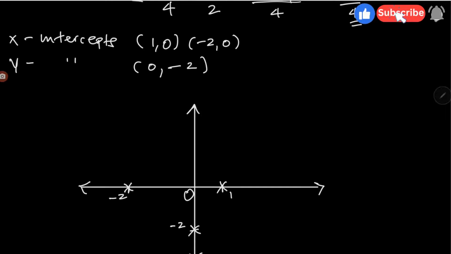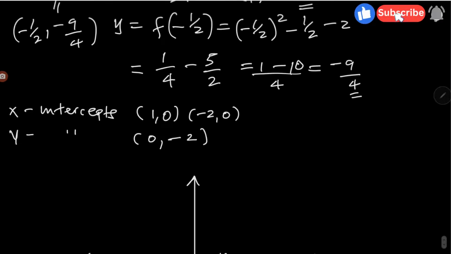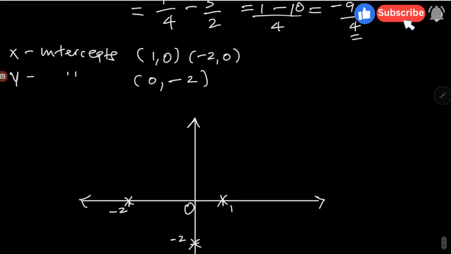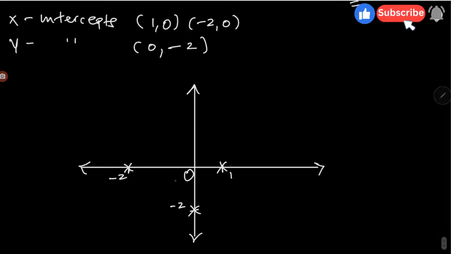Okay, and then my turning point is negative half, negative 9 over 4. So negative half, I'll assume it's somewhere here, and negative 9 over 4, that's 4 point something. So assume it's down here, somewhere here. So we shall say this is negative 9 over 4.